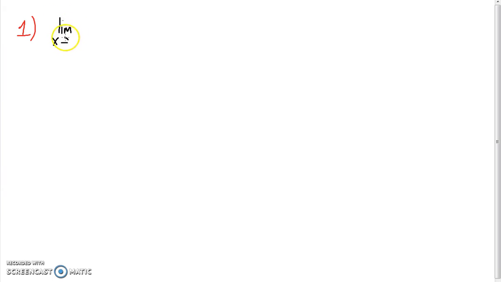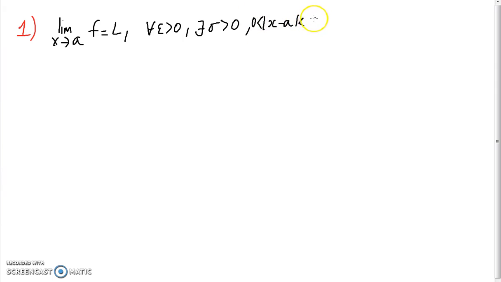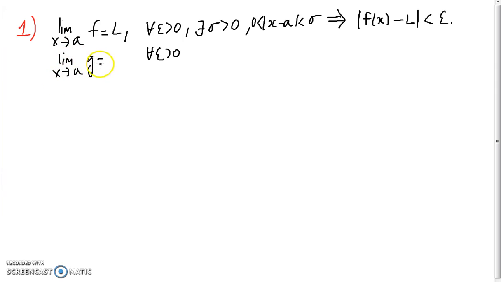By hypothesis, we know that the limit as x approaches A of f is equal to L, which means that for all epsilon greater than 0, we can find an interval of width 2 delta around A, such that as long as we pick an x within that interval, the distance between f of x and L can be made less than epsilon. And the analogous situation holds for g, except instead of L we have m.